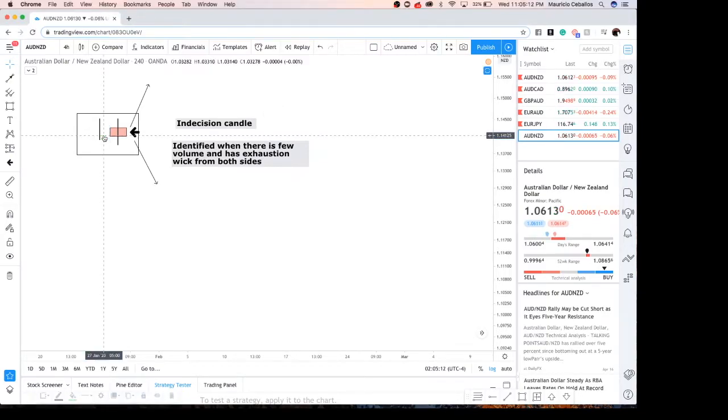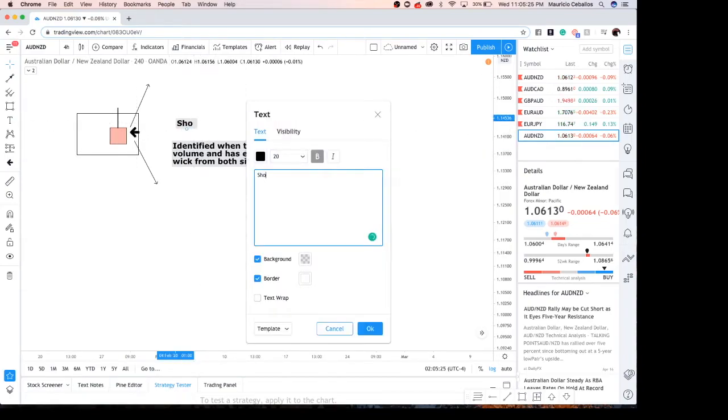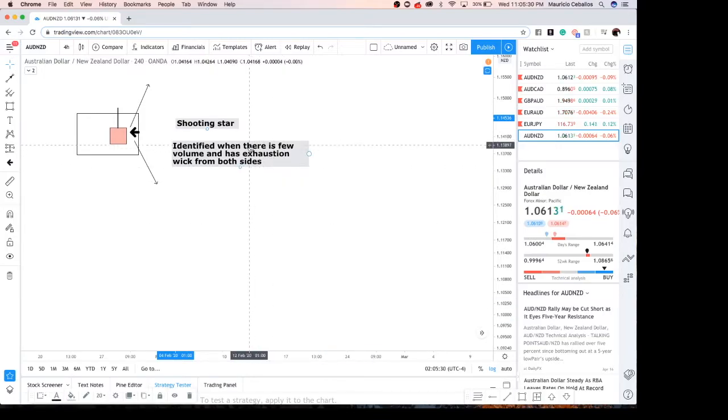Now the next one right here is one that I like to spot a lot, and this is considered a shooting star. When it comes to a shooting star, what are we looking for?